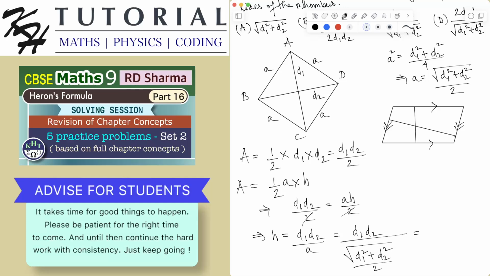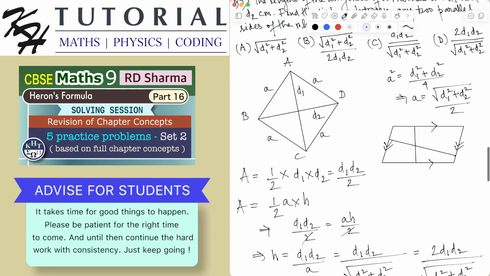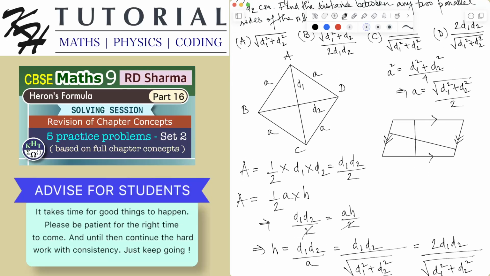So this becomes twice d1 into d2 divided by square root of d1 square plus d2 square. So this is the distance between any two parallel sides of the rhombus, where d1 and d2 are the lengths of the diagonals of the rhombus. So the correct choice is D.